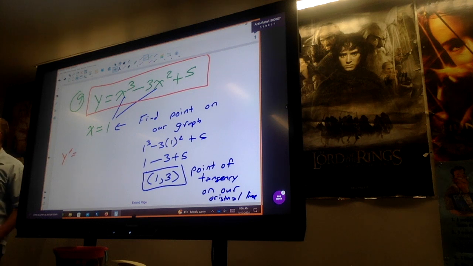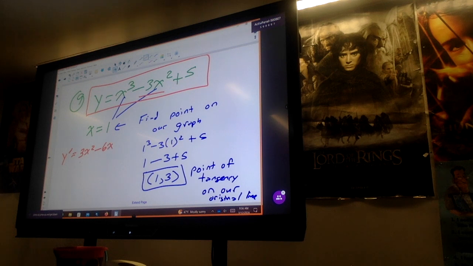Derivative of x to the third is? 2x squared. Close. 3x squared. Bring the 3 down front, then reduce the exponent. Derivative of negative 3x squared? Negative 6x.